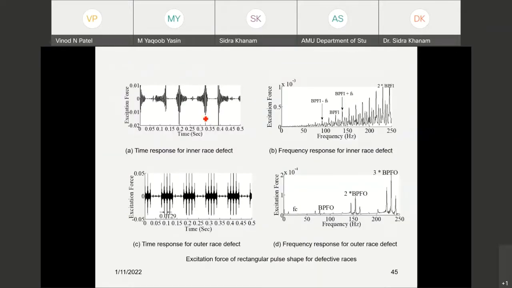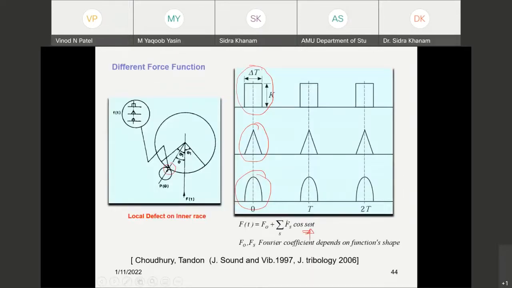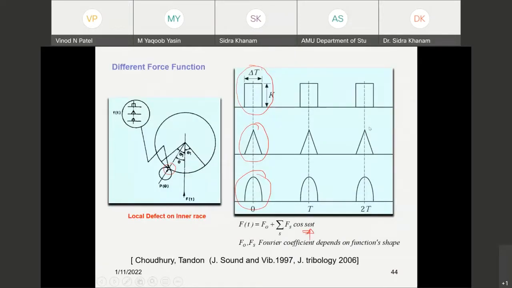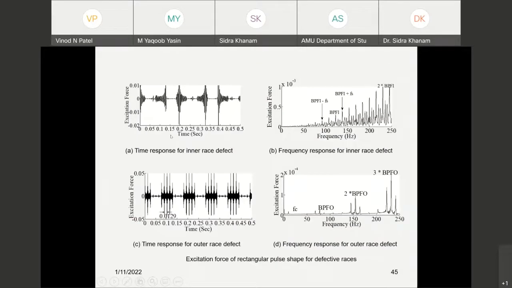Here, these particular things have been derived for different values. You can see the time domain response of the inner race defect derived by these equations, and using this F2 value for the inner race defect, this kind of response can be generated.